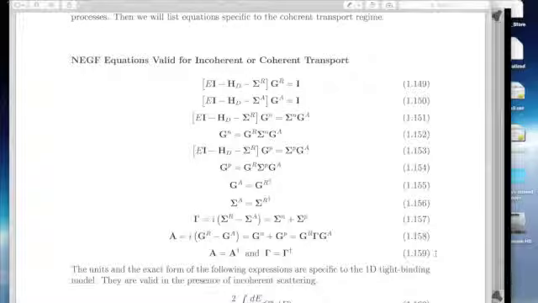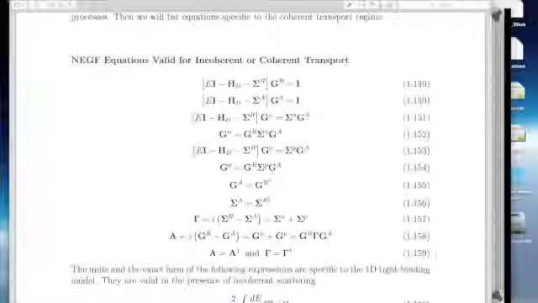Alternatively, another electron can come in a state K prime, absorb a phonon, and go into state K. That's another lifetime. So the in and out scattering process, the gamma encompasses all of them. That's like the total scattering rate. Just like A is the total number of states. And both of them are Hermitian. A equals A dagger, gamma equals gamma dagger.